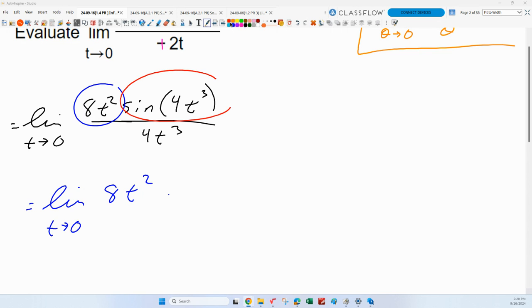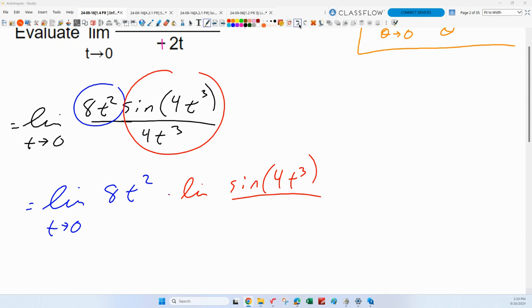the limit of sine of 4t cubed over 4t cubed. But as t approaches 0, so does 4t cubed.